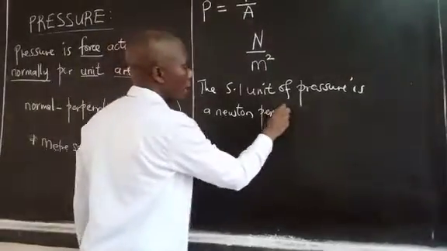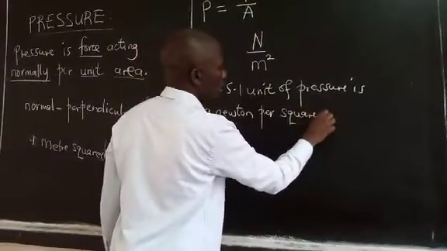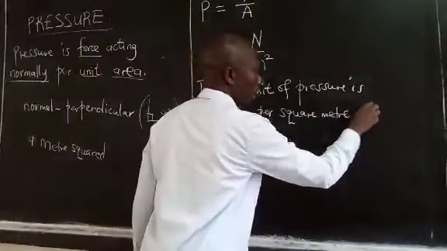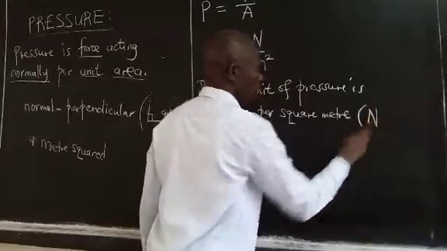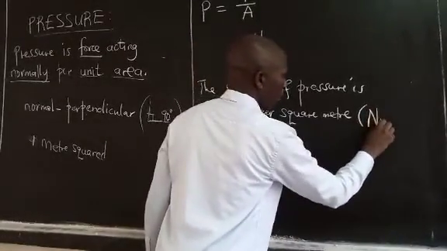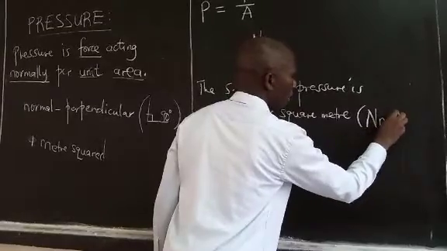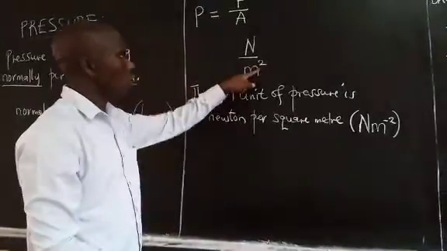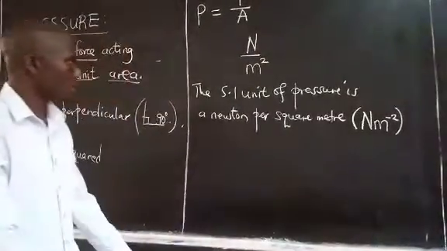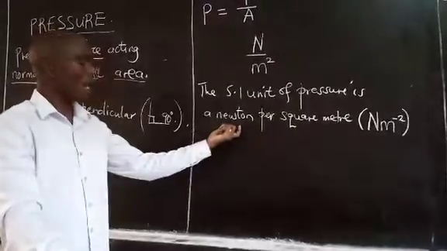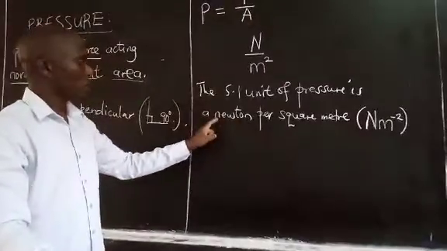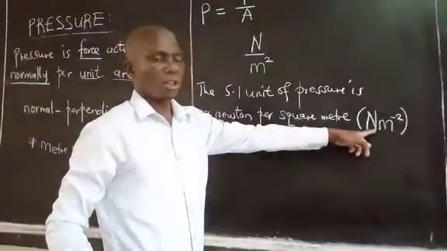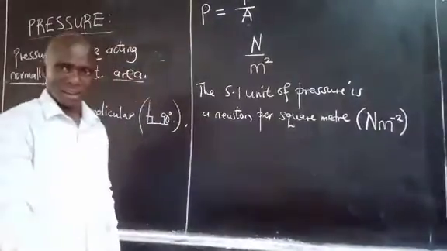We normally call it square meter, which can be written as N per square meter, with uppercase N. This one takes a negative sign since you are taking it up. Remember the indices. And when you are writing it in words, this word Newton must begin with a lowercase n. Then, when you are using the symbols, it must be a capital N.